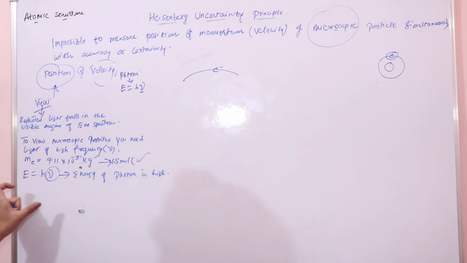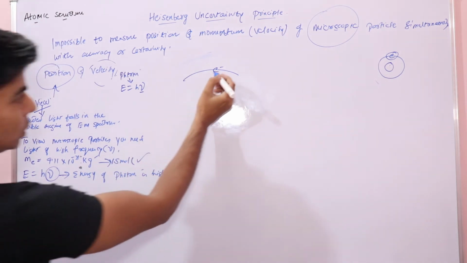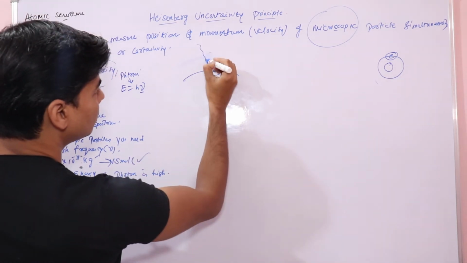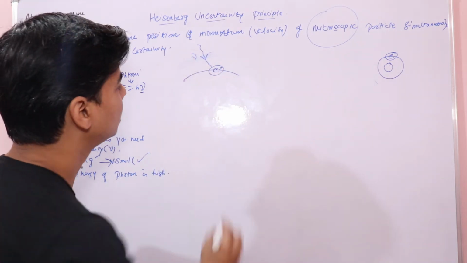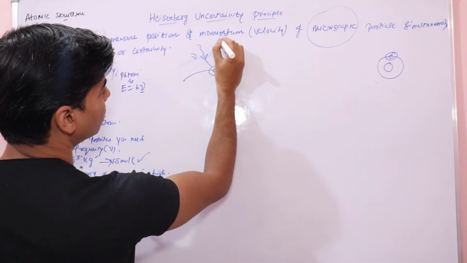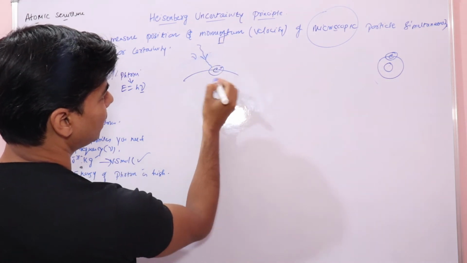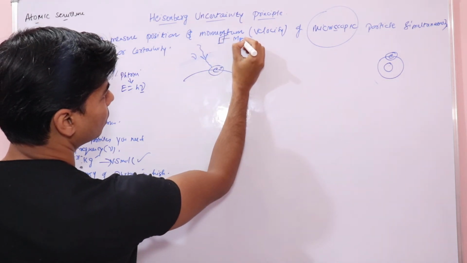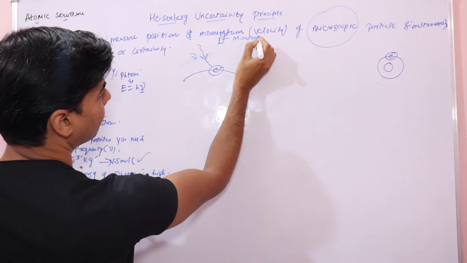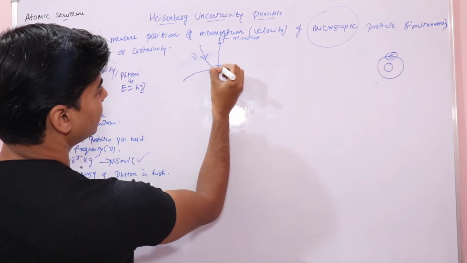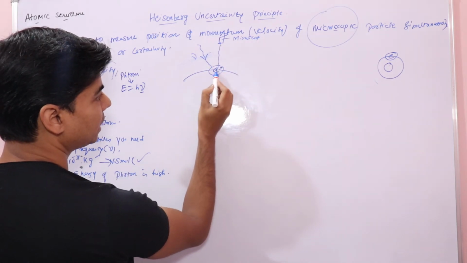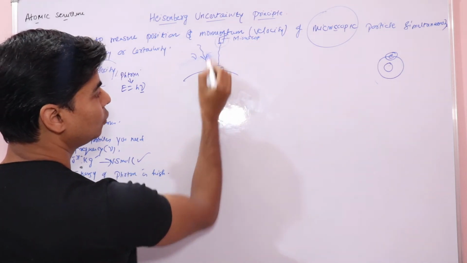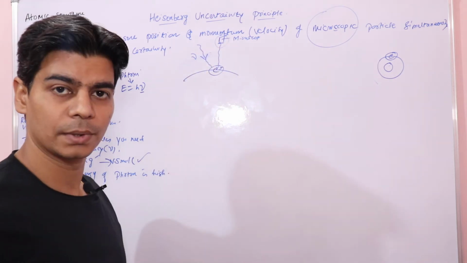In order to view this electron, you use incident light of high frequency. You are trying to view this electron in a microscope, so due to the light reflected by this electron, you would be able to view this electron in the microscope.